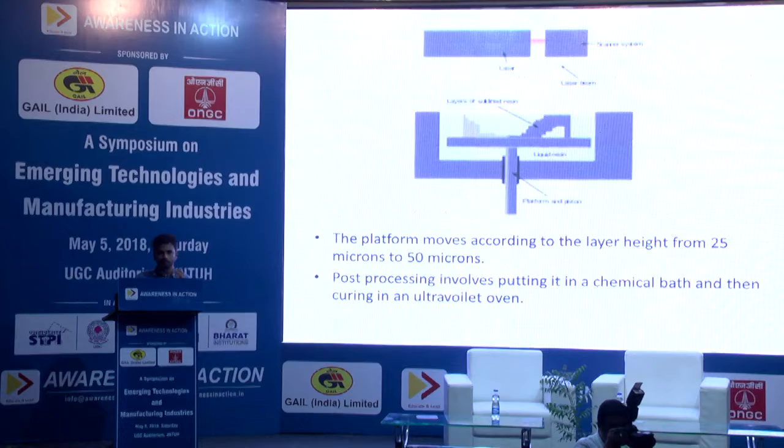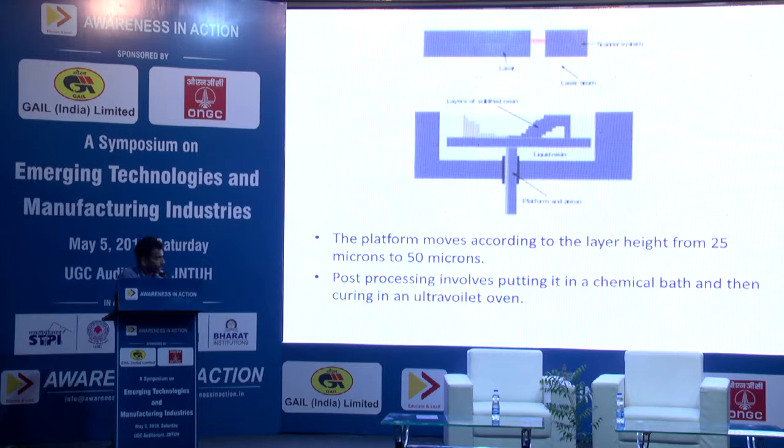The castable resin can be polyurethane or urethane or any epoxy resin. On the top of the resin, as I told you, there are two, DLP and SLA. The difference is in DLP we use a projector as the source, and in SLA we use a laser of maybe 65 watt power.